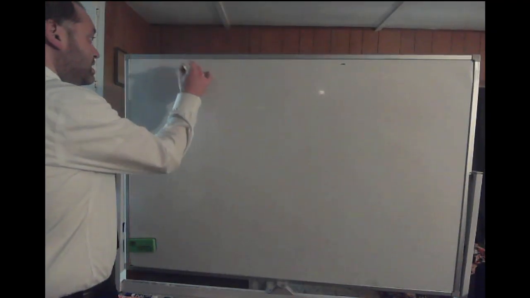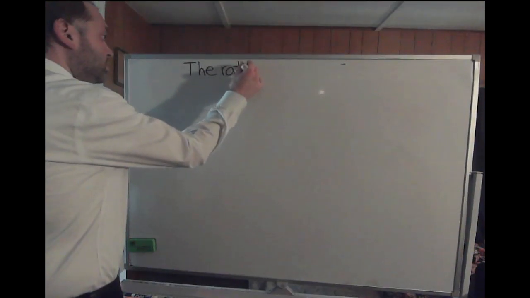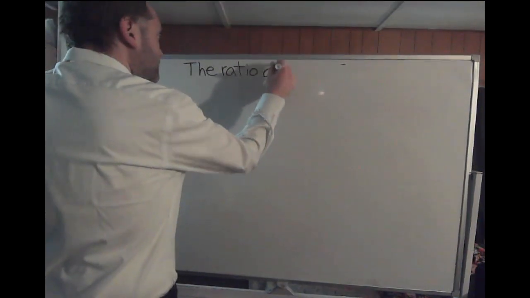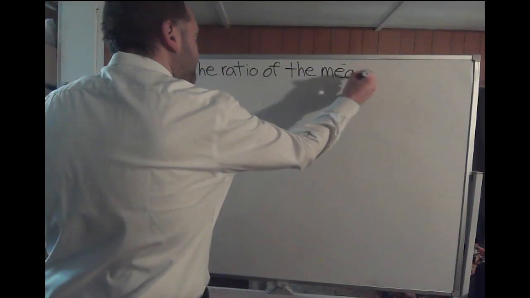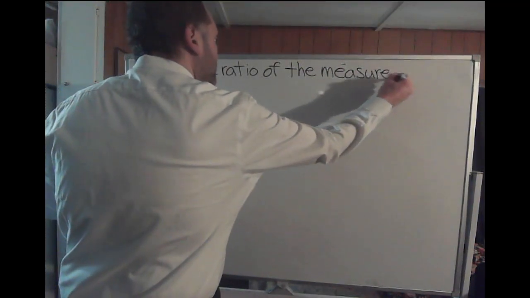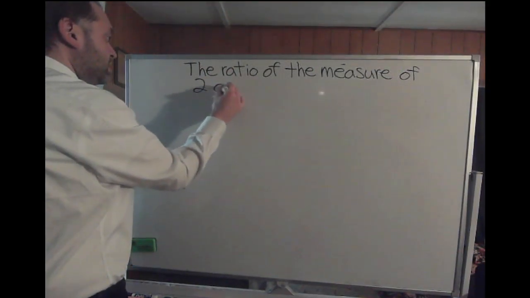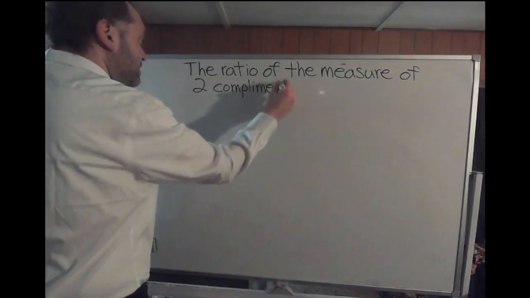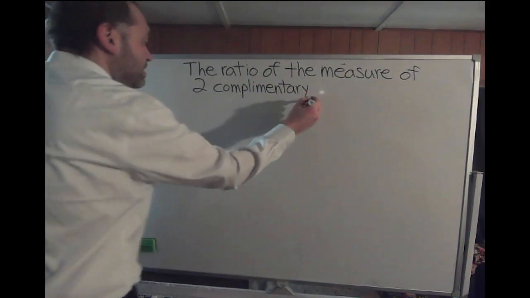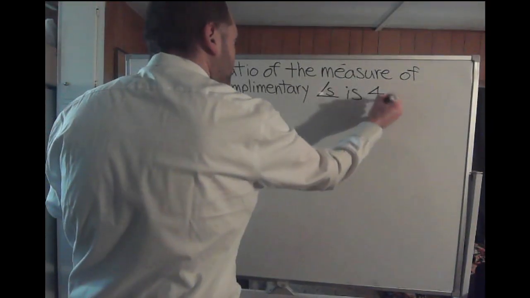Alright, so here's some word problems. The ratio of the measure of two complementary angles is 4 to 5.